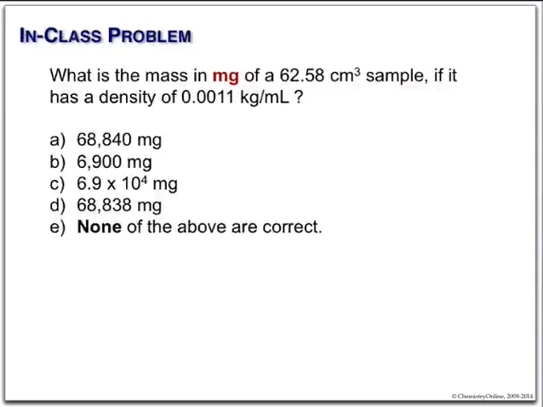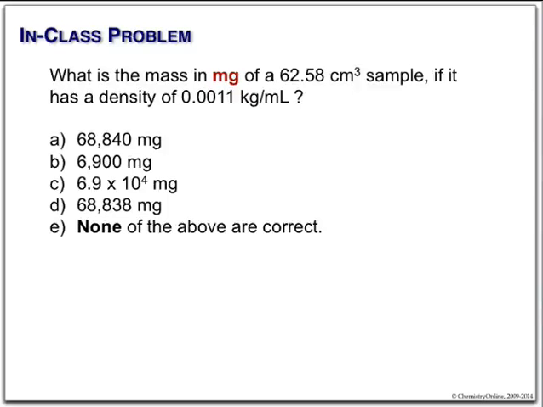We had 62.58 cubic centimeters of something with a density of 0.001 kilograms per milliliter. And we're simply trying to pick out the appropriate mass in milligrams of this sample.